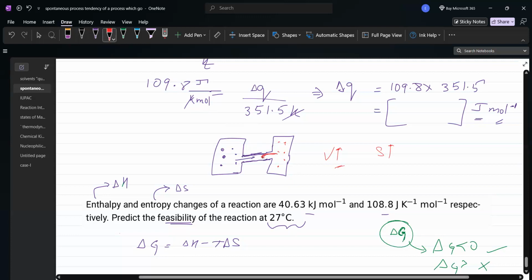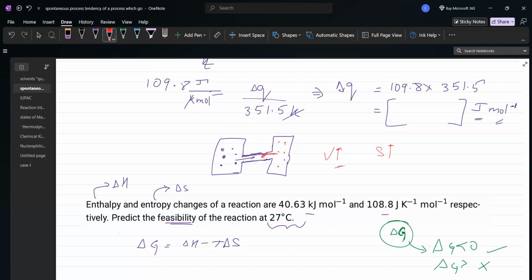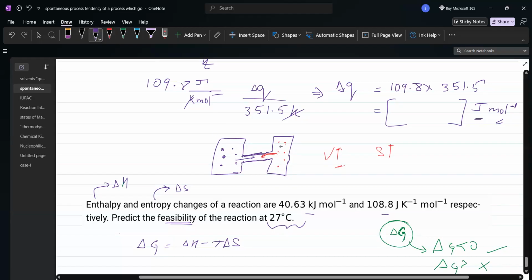So what will happen? Assuming we have 6 molecules here, some molecules will shift to the other container, and some of the others will shift here. Each molecule will have a greater volume to move around in. They are not limited.